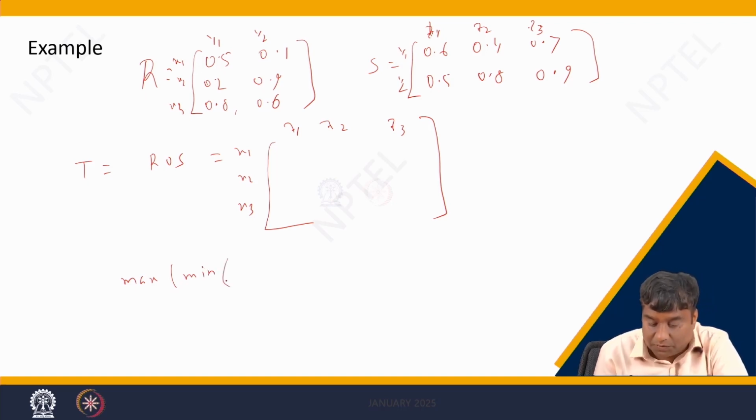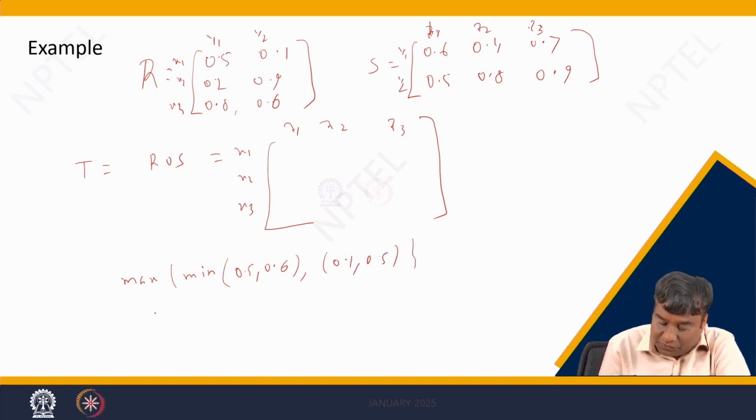Minimum of 0.5 and 0.6 is 0.5, minimum of 0.1 and 0.5 is 0.1. So the maximum is 0.5, so here we will get 0.5.